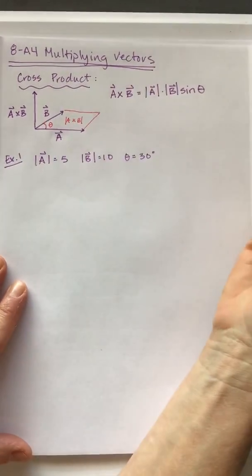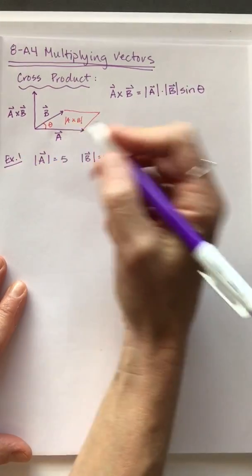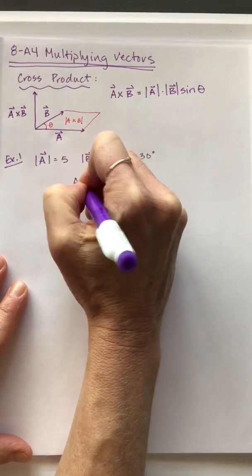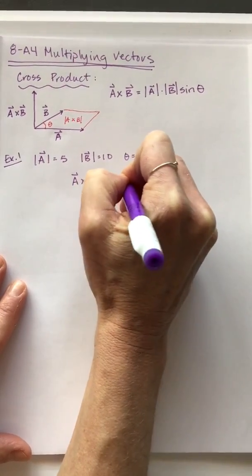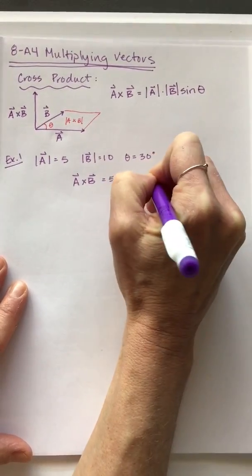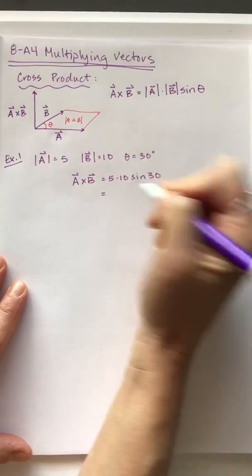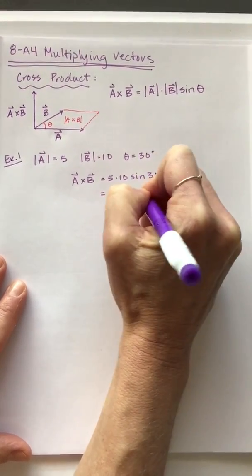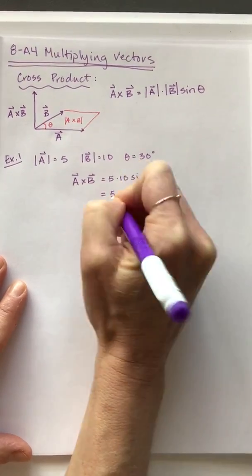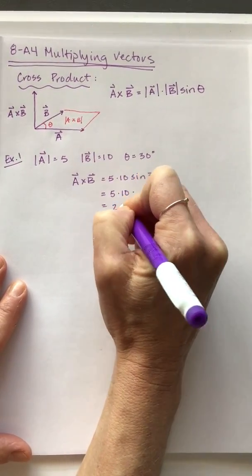So to find the value, A cross B is 5 times 10 times sine of 30. Well, we all remember sine of 30 is, yeah, you got it, 1/2. And so we get 5 times 5 is 25.